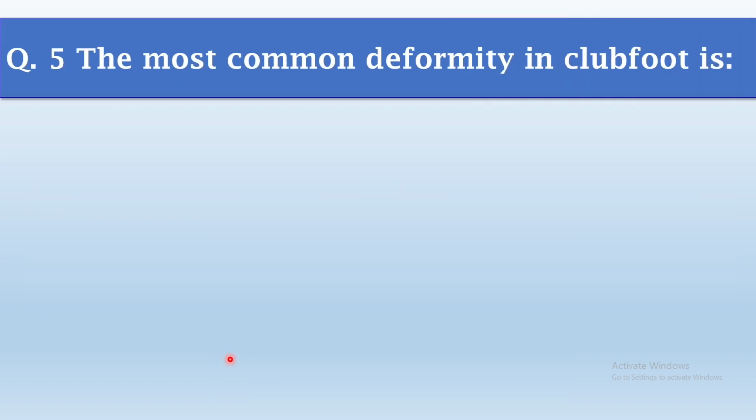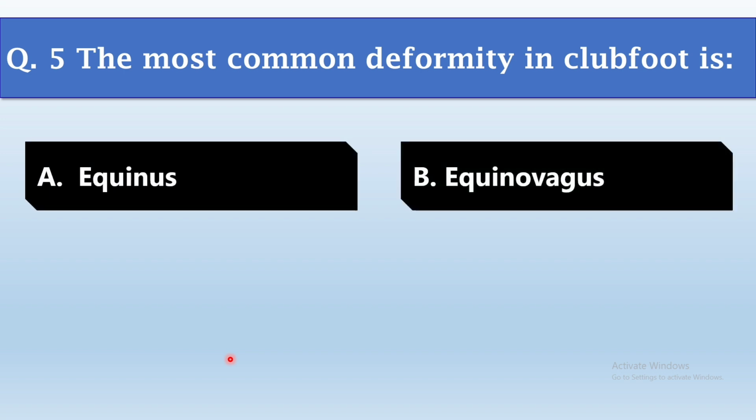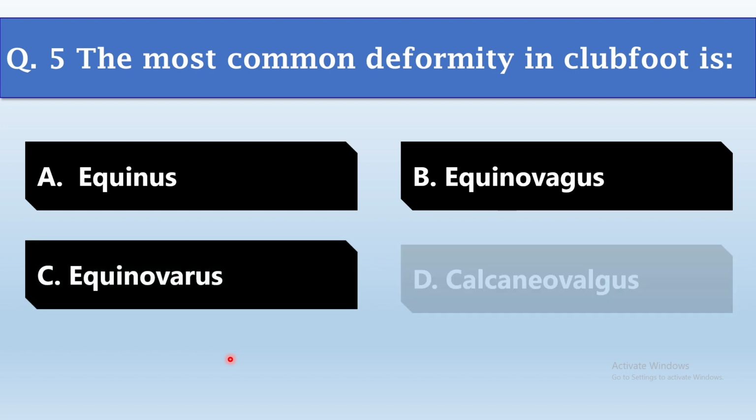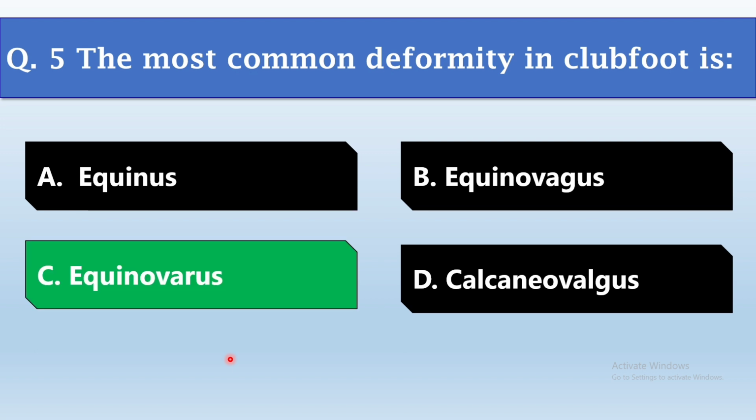Question number 5. The most common deformity in club foot is option A equinus, option B equinovalgus, option C equinovarus, and option D calcaneovalgus. The answer is equinovarus. Club foot is also known as CTEV, congenital talipes equinovarus, or talipes equinovarus.